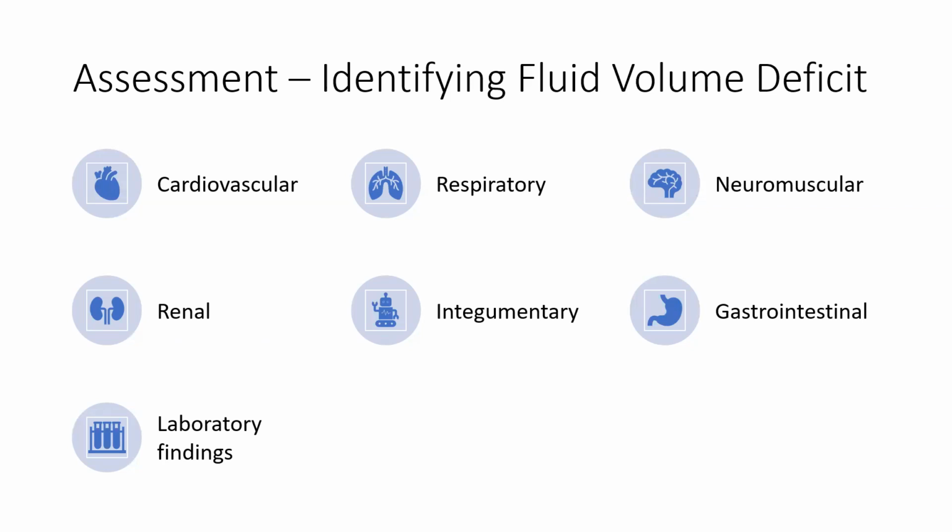And then lastly, in your assessment of identifying fluid volume deficit, when you're looking at laboratory findings, the patient will have an increased serum osmolality, an increased hematocrit, and an increased blood urea nitrogen level, or an increased BUN. The patient will have increased serum sodium levels and increased urinary specific gravity. So those are the laboratory findings that you'll see with fluid volume deficit.